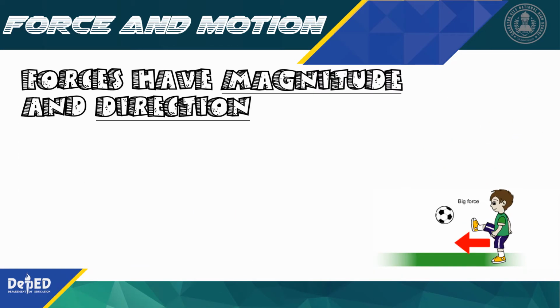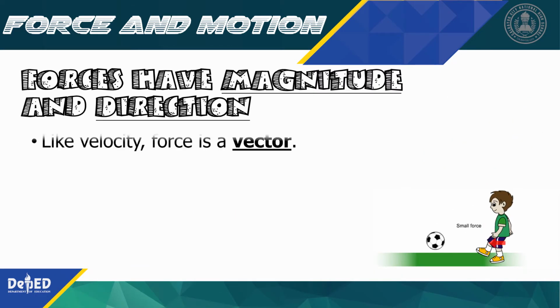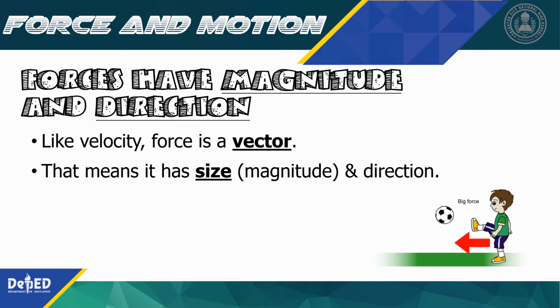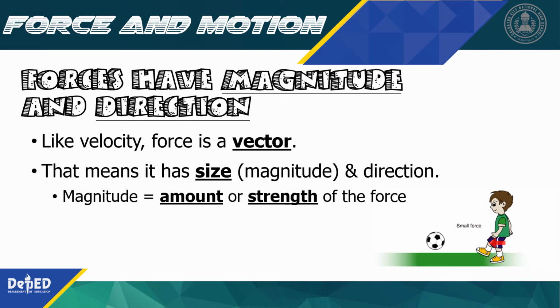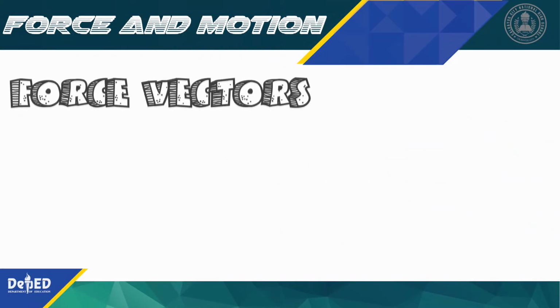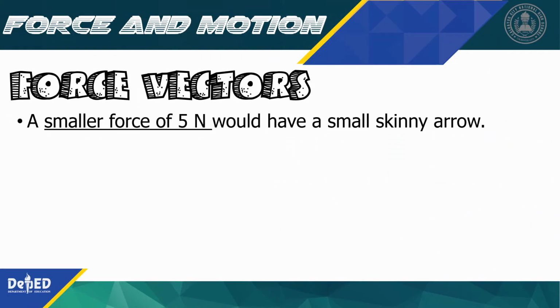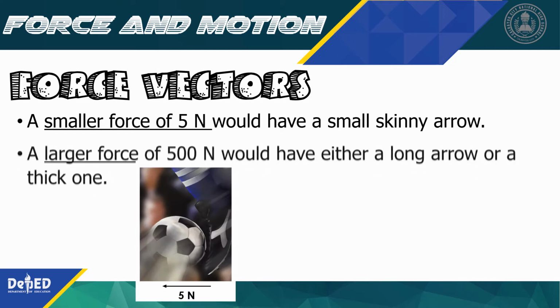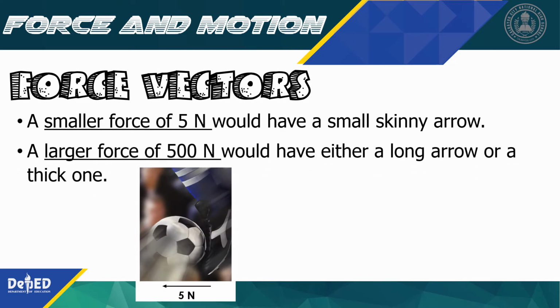Forces have magnitude and direction, meaning it has size, which refers to the strength or the amount of force applied, and direction. For example, a smaller force of 5 Newton would have small, skinny arrow, and a larger force of 500 Newton would have either a long arrow or a thick.